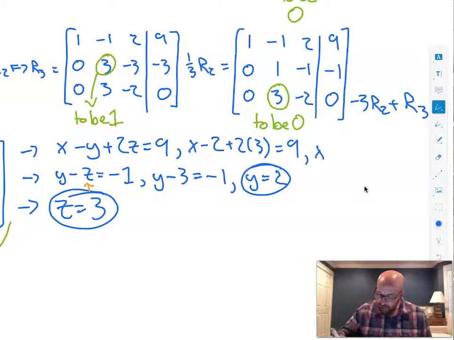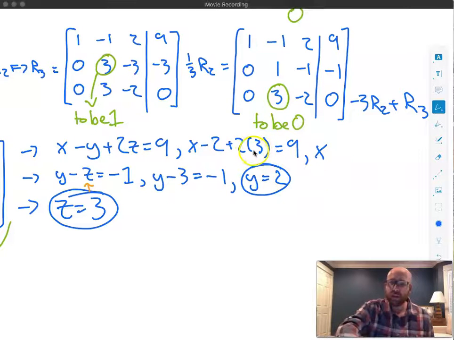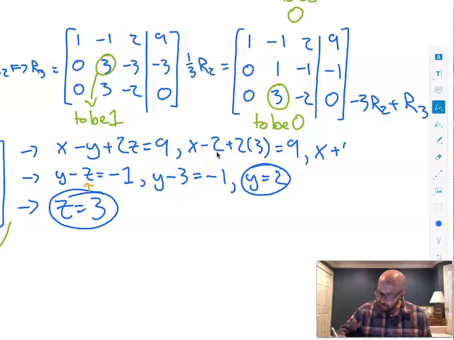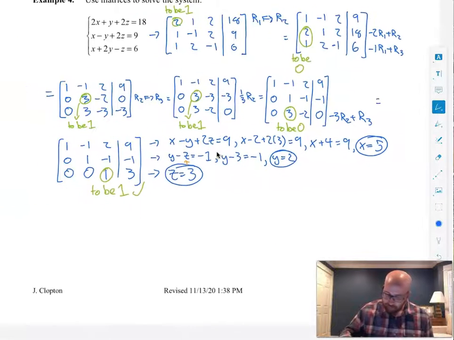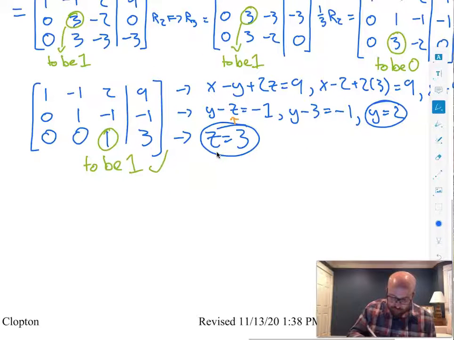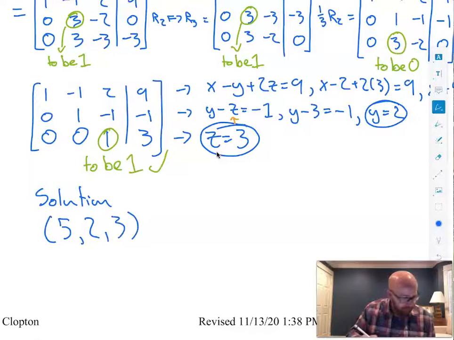So we get x, 2 times 3 is a 6, combined with a negative 2, so that's going to be x plus 4 is equal to 9. Subtract both sides by 4, and you get x is equal to 5. So we have the solution (5, 2, 3).